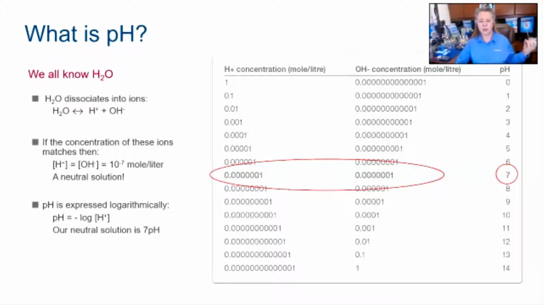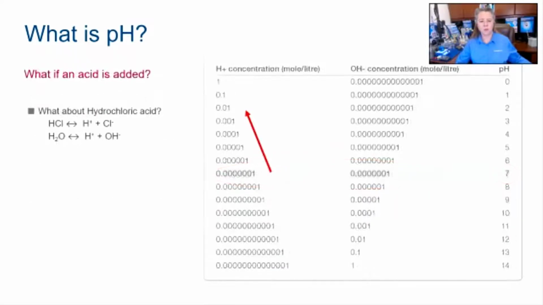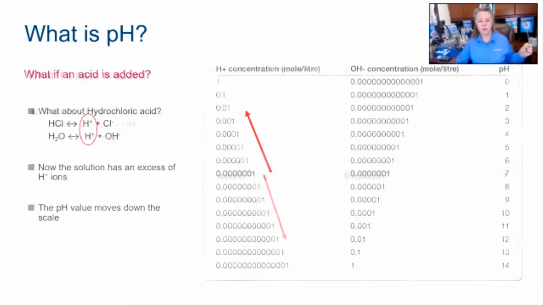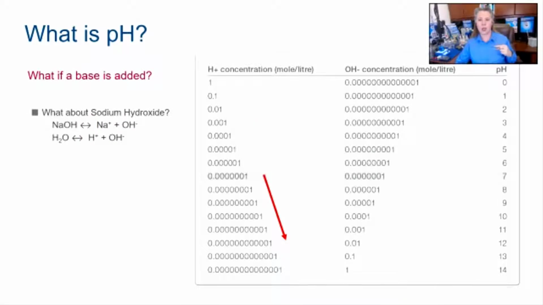From pH 0 to pH 14, it's not linear, it's logarithmic. If we increase the hydrogen ion concentration so it's higher than that of hydroxide, our solution is what we call acidic, and the pH drops. If we go in the other direction, and the hydroxide outweighs the hydrogen ions, our solution is what we call basic, and our pH value increases.